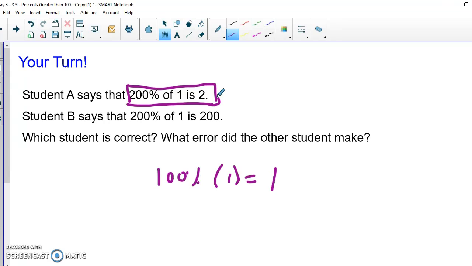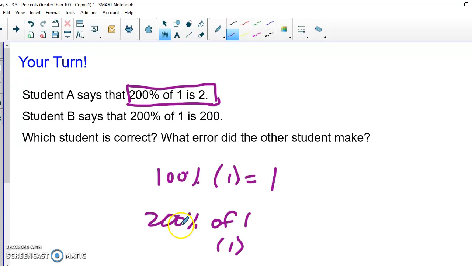Probably student B is thinking that 200% of 1, that we would need to multiply 200 times 1, when actually what we're doing is, if I want to take 200% of 1 and I want to make it an equation, we talked about last chapter that we can take a percent of a number, of means multiply, and I change my percent to a decimal.